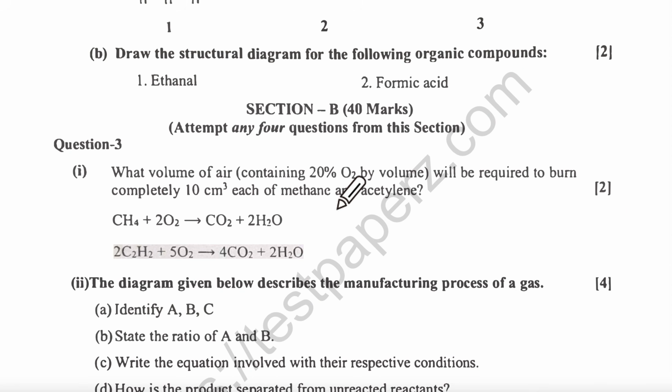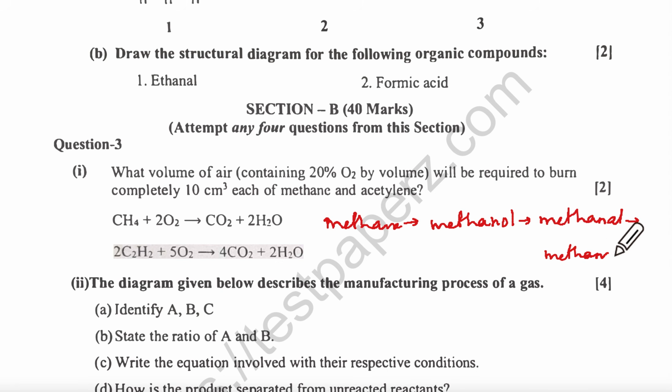I had told you that there were some reactions which are not there in your syllabus. You have methane, with oxidation becomes methanol, and then it becomes methanal, then methanoic acid.